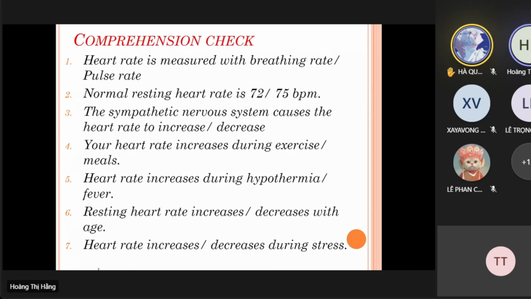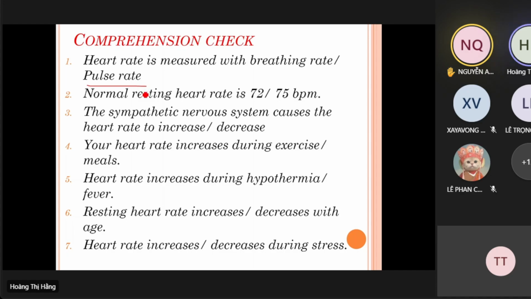Who wanna try? Bạn nào muốn thử nè? Rồi, anh Quân. Cô mời anh Quân. Cái đầu tiên là pulse rate. Pulse rate.